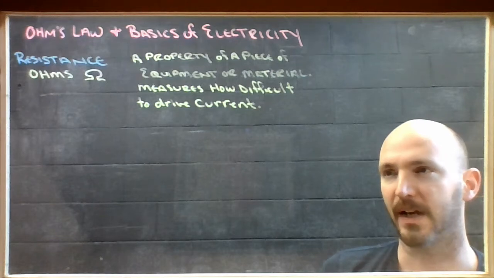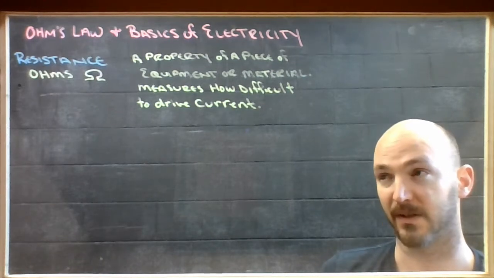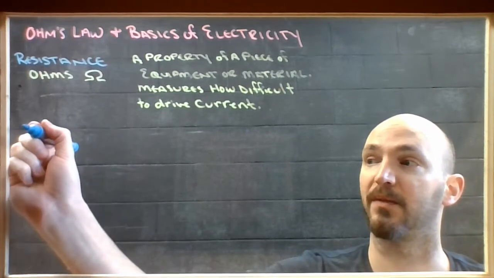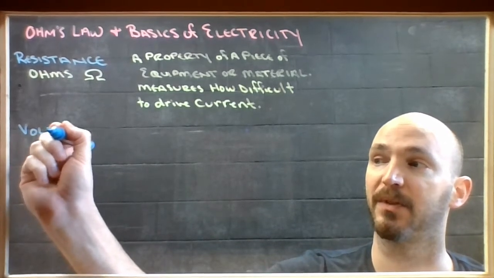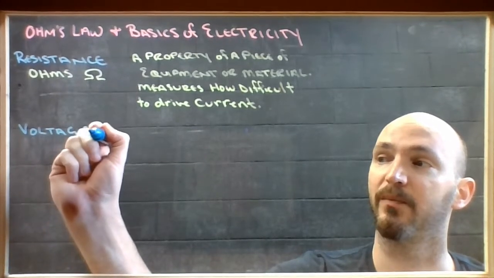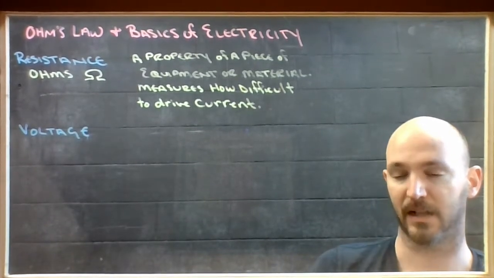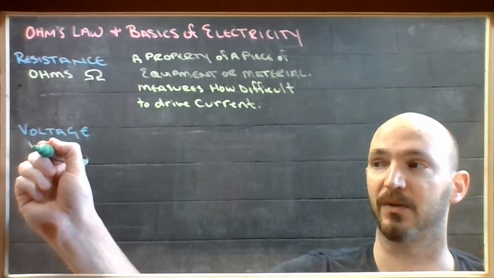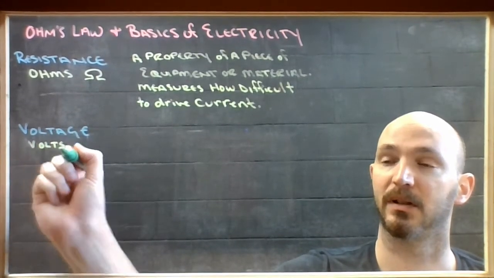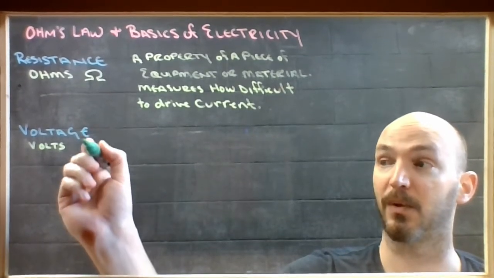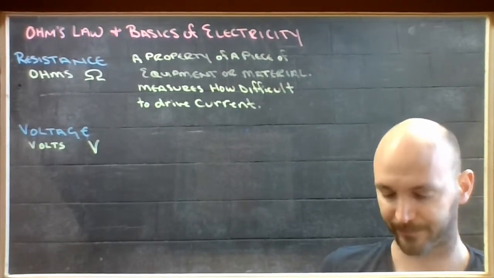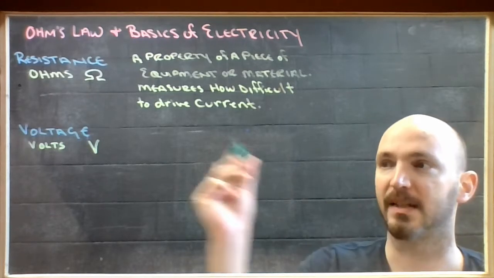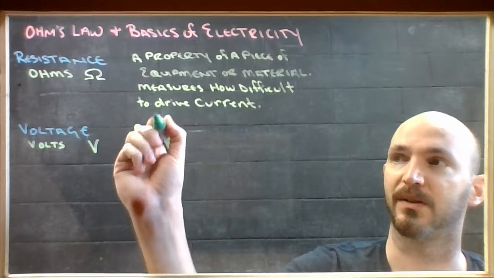So the next thing that happens in a circuit is once you have the stuff that's going to absorb the energy, you have to have a source to provide it. So voltage is the property of the source. So voltage is measured in volts, not terribly creative, which are represented by a giant V. And so voltage is a property of your electron source.